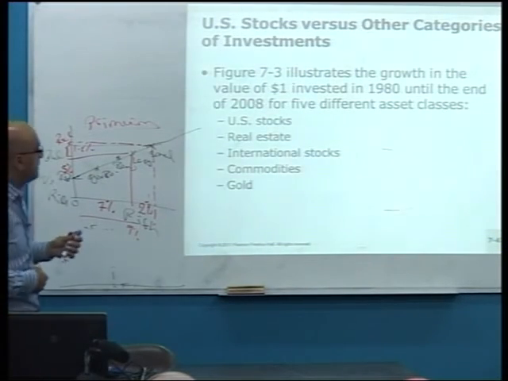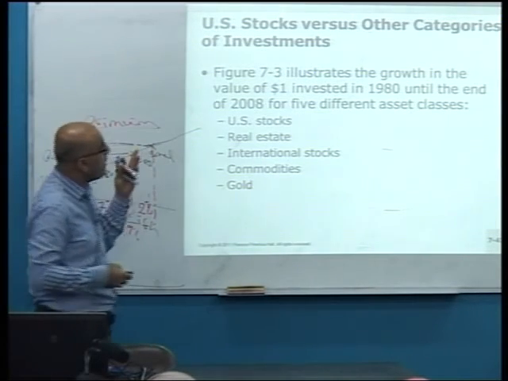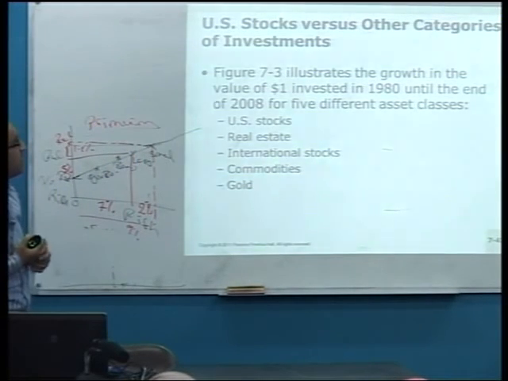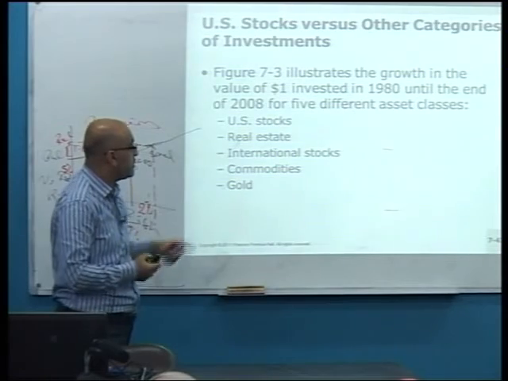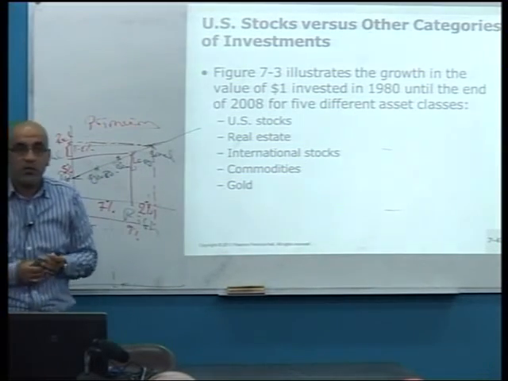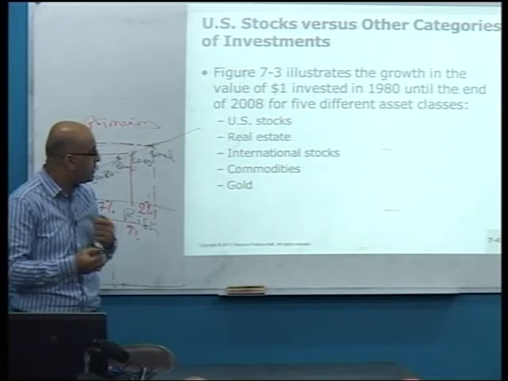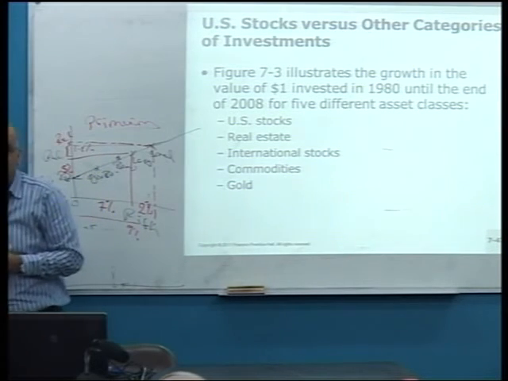If we rank them, let's compare United States stocks versus other categories of investments. We will compare United States stocks, real estate, international stocks, commodities, and gold. What do you think? Which is holding lower risk?